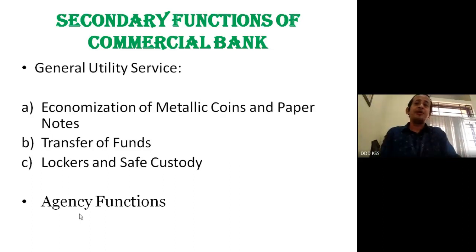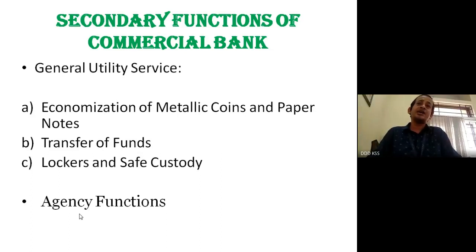Then another service a bank provides is transfer of funds. In the transfer of funds, banks very easily and quickly transfer funds from one place to another through mail transfer, through NEFT, and there are other modes of transfer as well. So transfer of funds is another basic and secondary function of commercial banks.